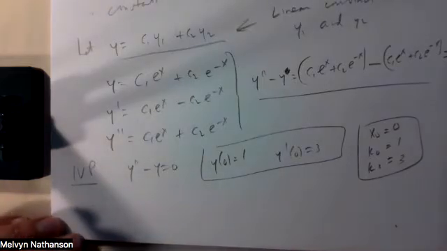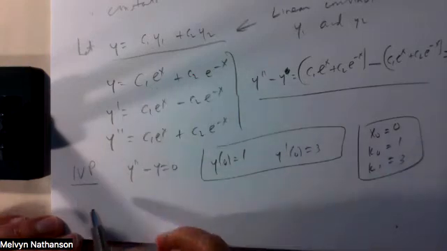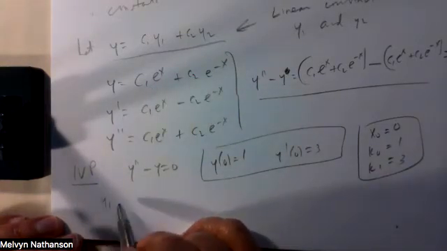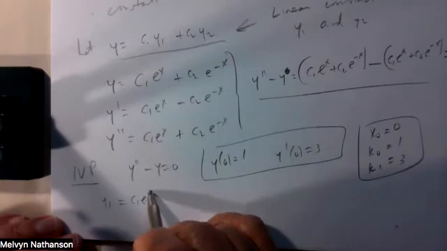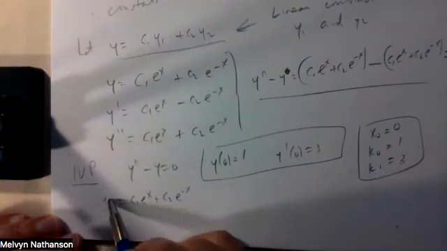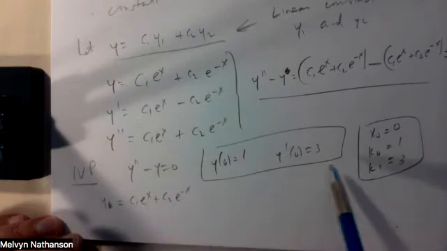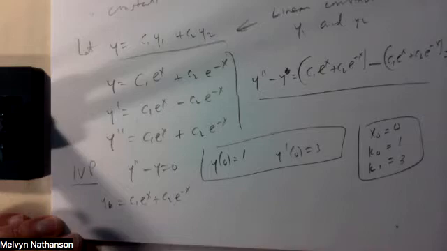Let's see if we can find constants C1 and C2 such that y equals C1 e to the x plus C2 e to the minus x satisfies these conditions.